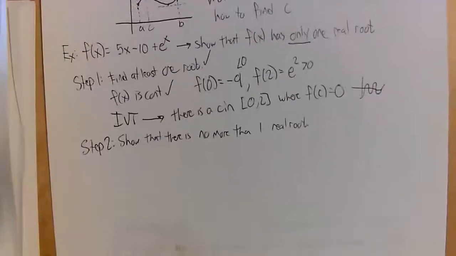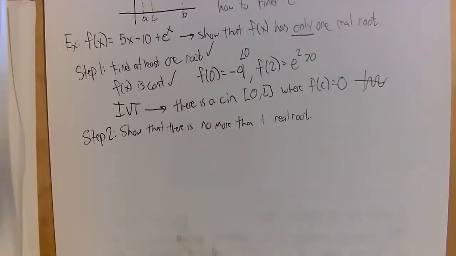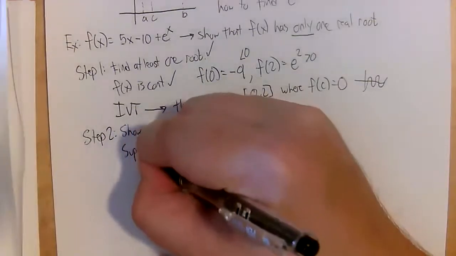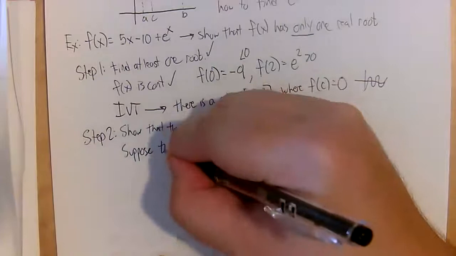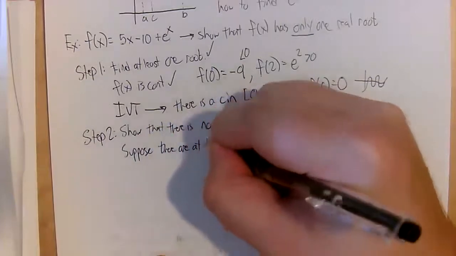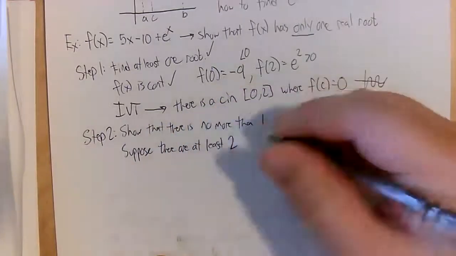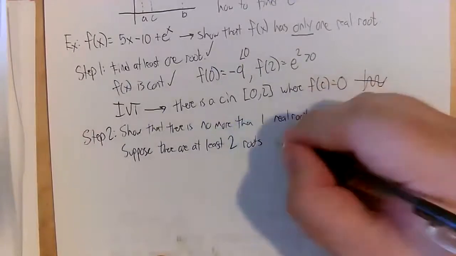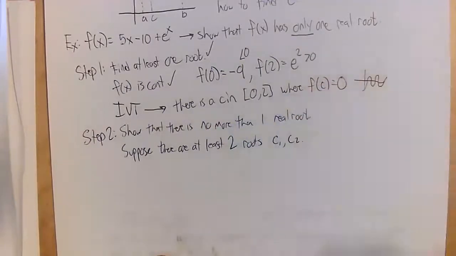All right, one common technique in mathematics, if you're trying to prove something, is called a proof by contradiction. What you do is you suppose the opposite of what you want to prove, and you show that that leads to some kind of absurdity or a contradiction. So what we're going to do in this case is suppose there are at least 2 roots. And let's call them C1 and C2.